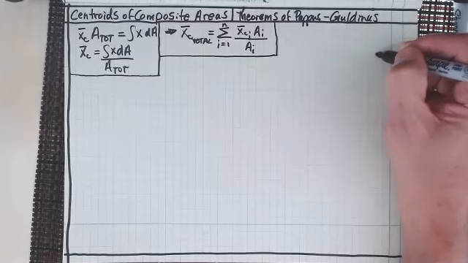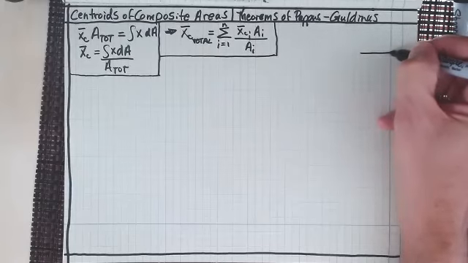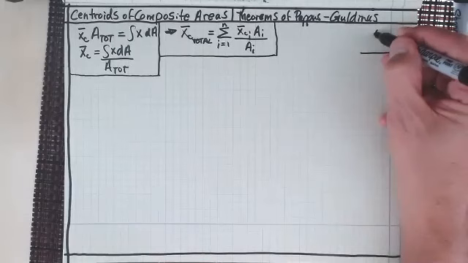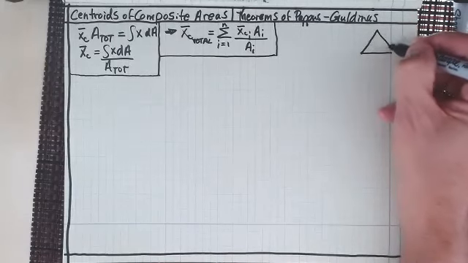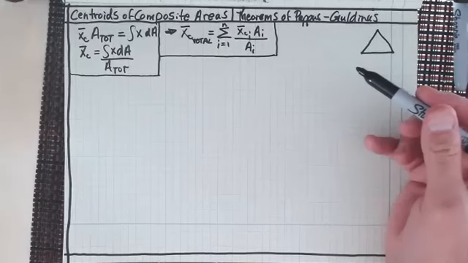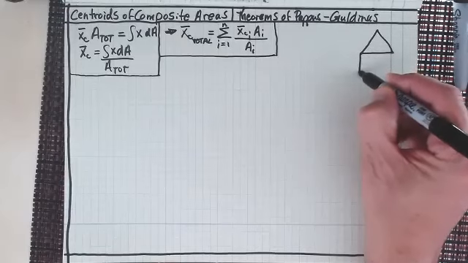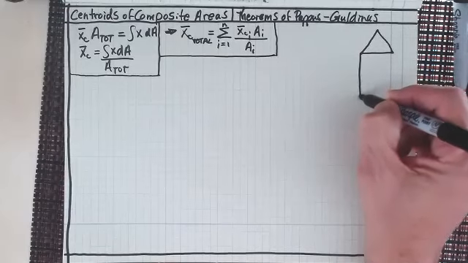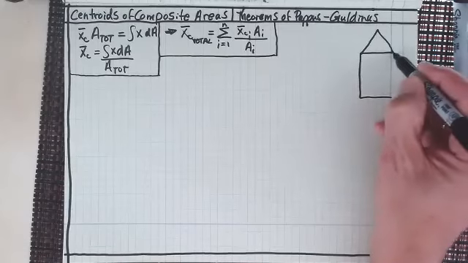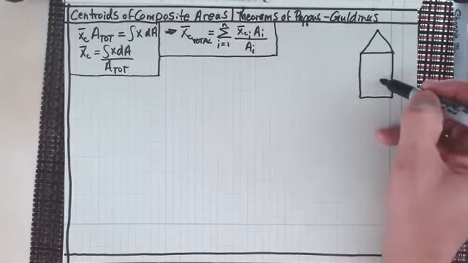And how wide is that? That is 4 wide. So there's 4, there's 3. There we go. So that's the top of it. And then 1, 2, 3, 4, 5, 6. 6 down. All right. And so here we have a composite body that's got a triangle and a rectangle.